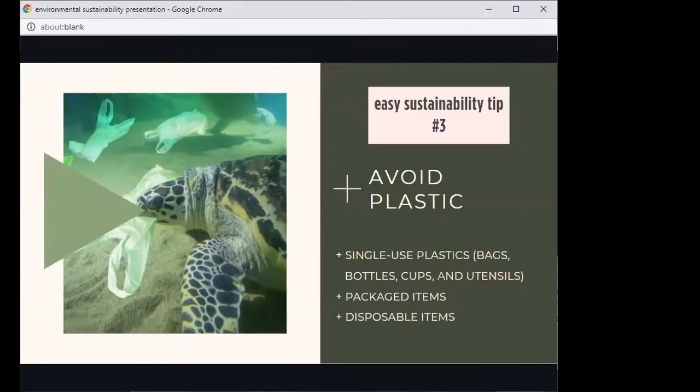But before we move on, I just want to talk a little bit about how the ability to purchase sustainable options is not always available, especially for those who are on a lower or a fixed income. Sometimes sustainable options are just more expensive. Frankly, they're often more expensive, and they're often more difficult to obtain than mass-produced plastic counterparts.